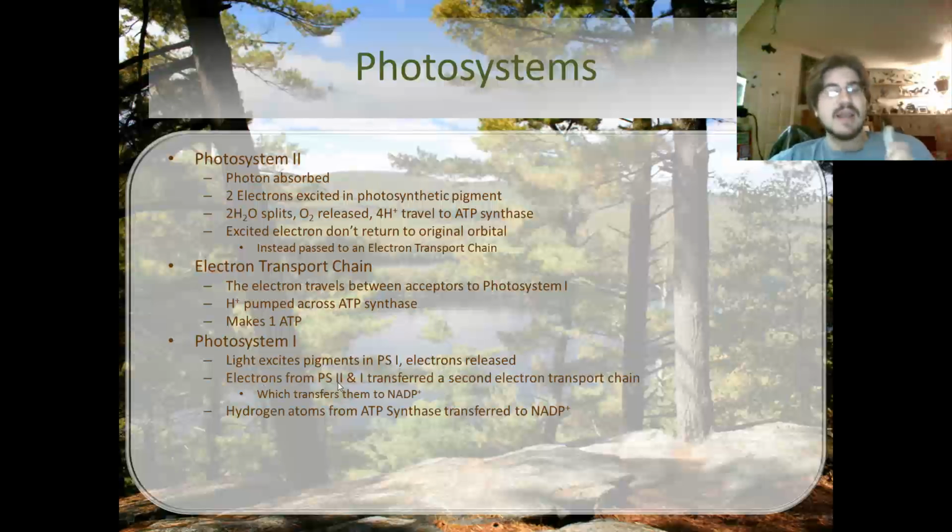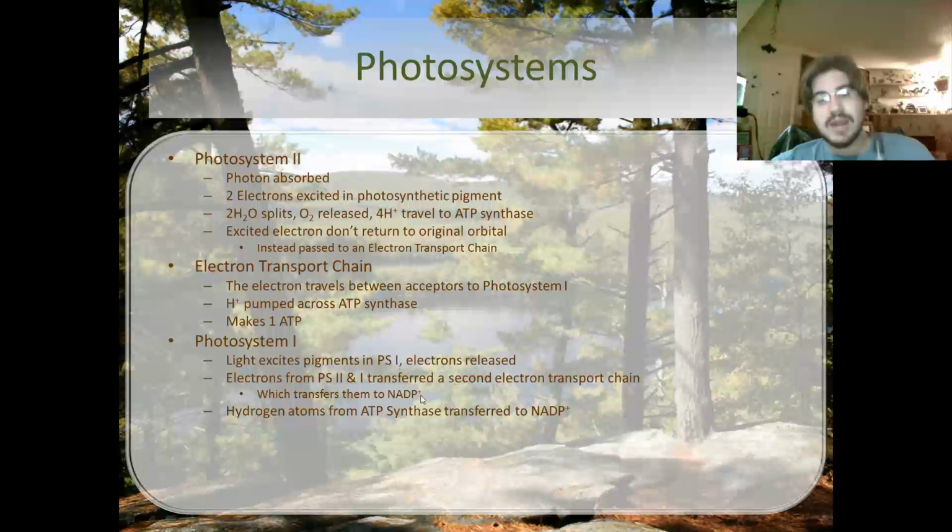And so then the electrons from photosystem 2 and photosystem 1 are transferred to a second electron transport chain. That's right, there's 2 of them doing 2 different things. The second electron transport chain, instead of making ATP, exists to ferry the electrons over to NADP.